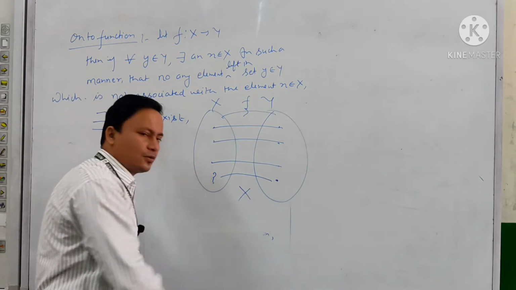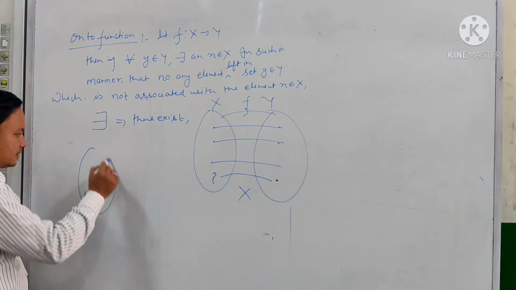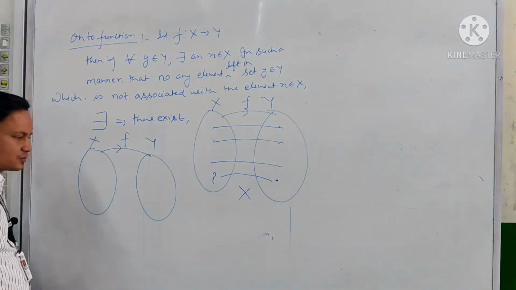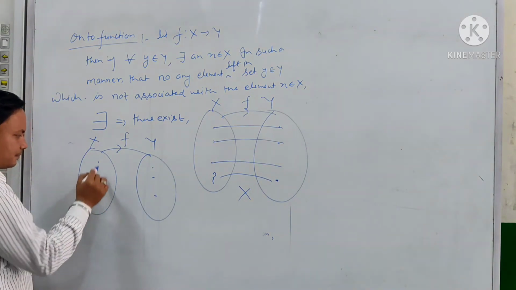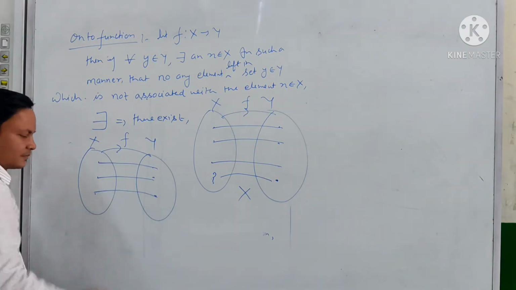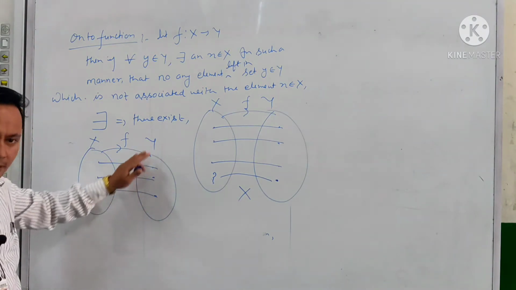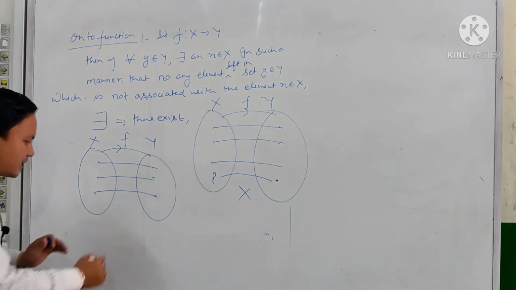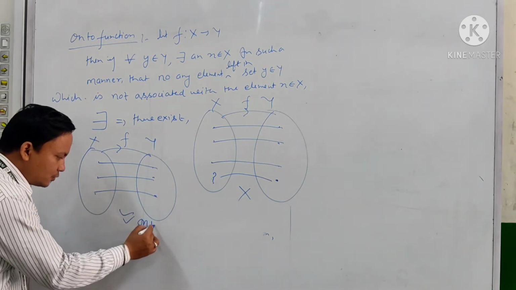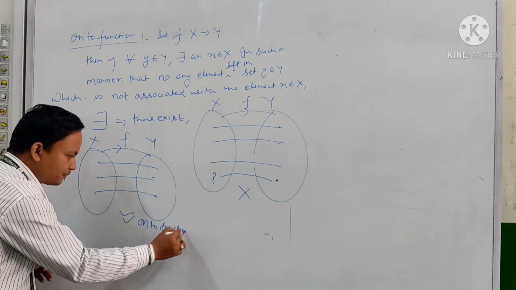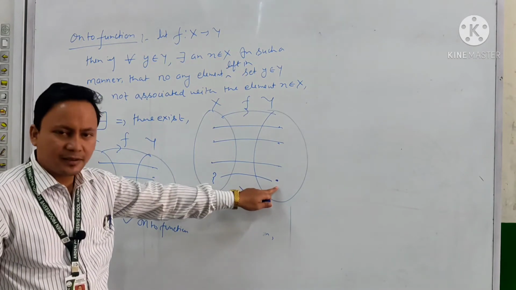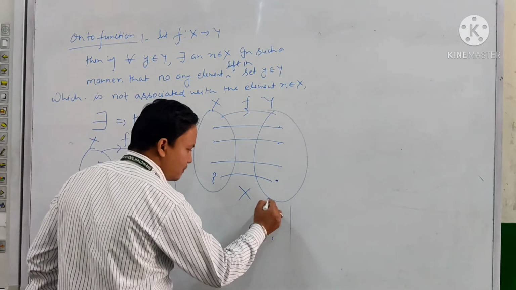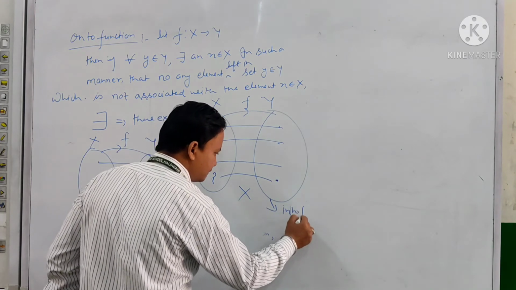So this is not an onto function. Now see here, this is a function from set x to set y. Now check it, beta. There is no element left in set y which is not related with an element of set x. So such a function is known as an onto function. And here there is one element left in set y which is not related with an element of set x. So such a function is known as an into function.